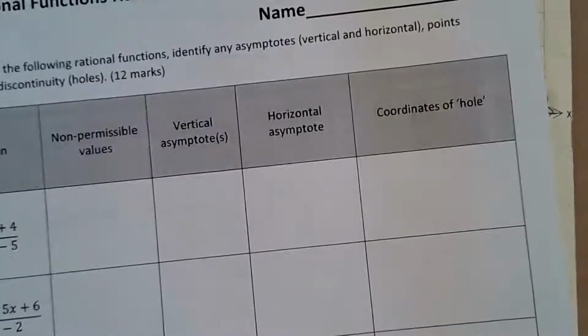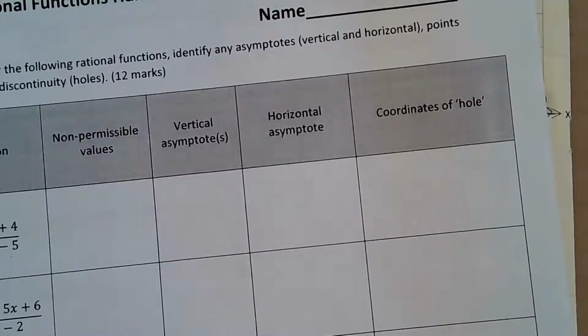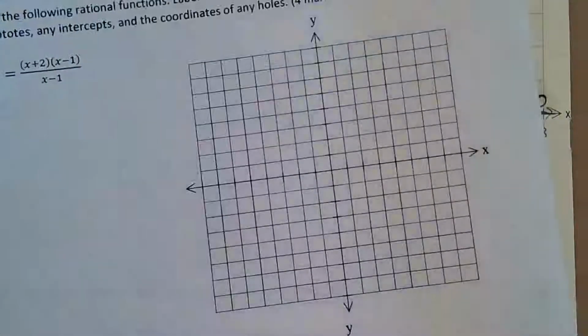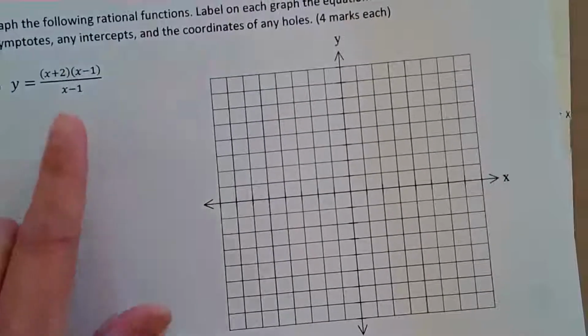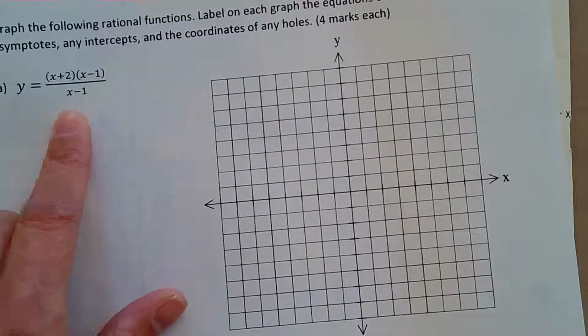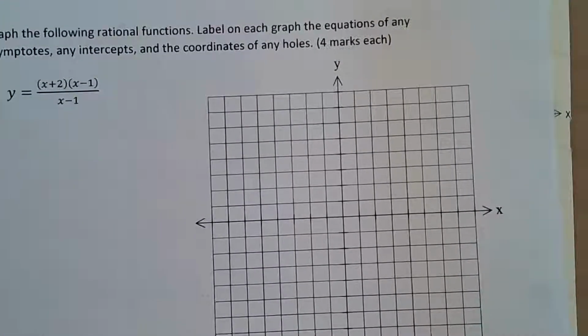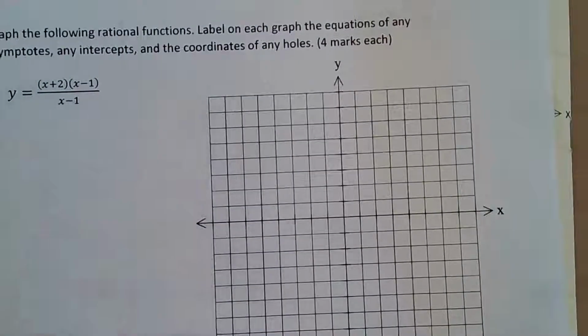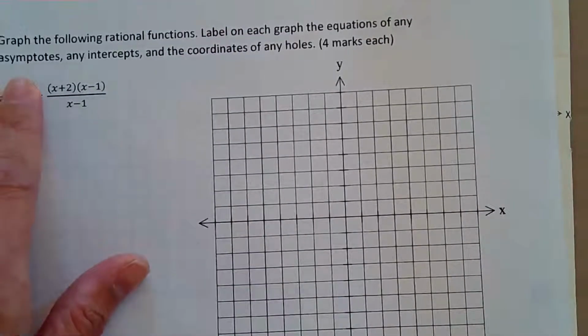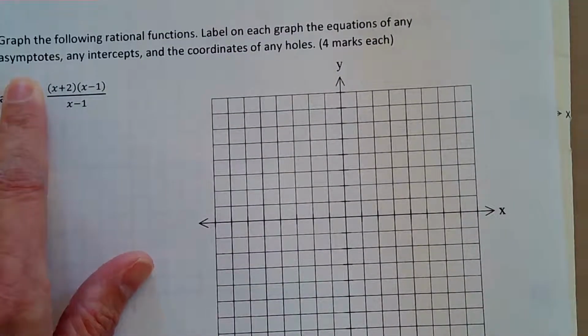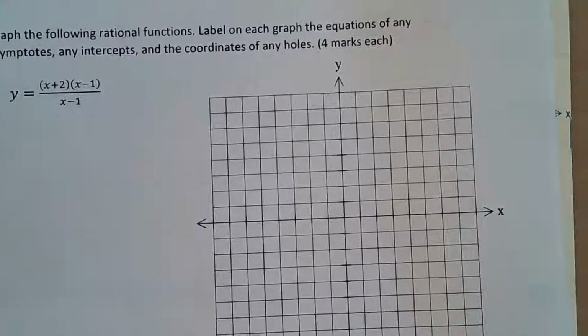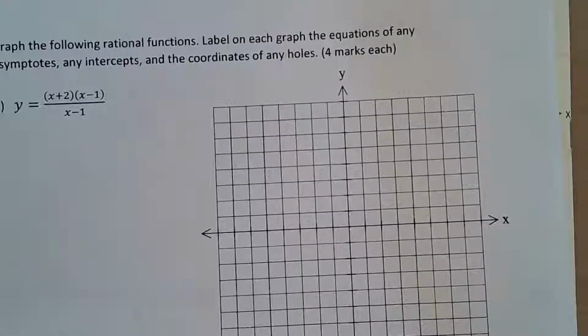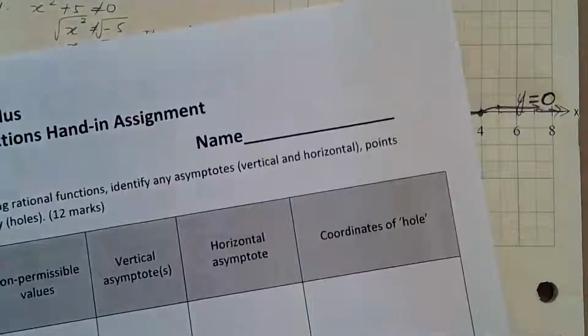Am I able to skip the non-permissible value, because the question didn't ask for it? Yeah, you can skip that one, but you actually would need the non-permissible value for a vertical asymptote and for the hole. So the non-permissible value leads you in that direction, so you still have to figure those out.